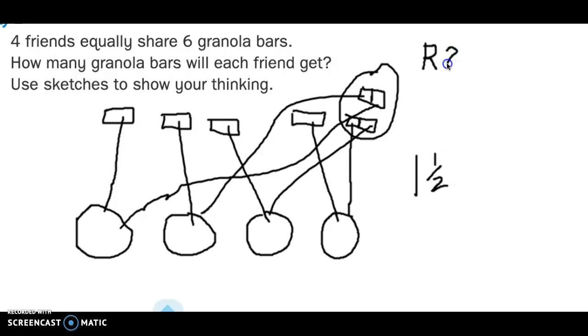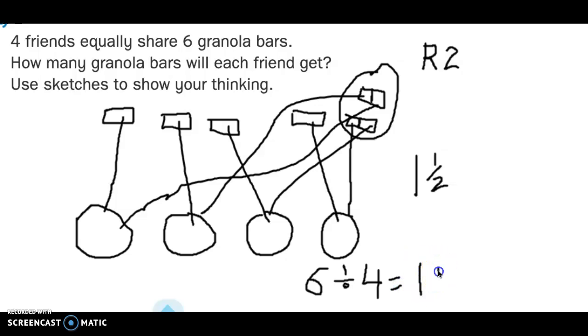So if we wrote this as a model sentence, we could say, okay, so we have 6 granola bars and we're dividing it, there's the symbol for division, and we are dividing it by 4, equals, everybody gets 1, right?